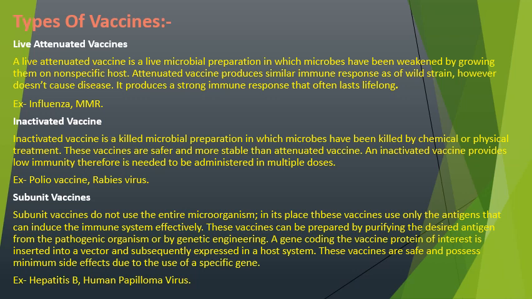The vaccine protein of interest is inserted into a vector and subsequently expressed in a host system. These vaccines are safer and possess minimum side effects due to the use of a specific gene. Examples for such vaccines are hepatitis B and human papilloma virus.